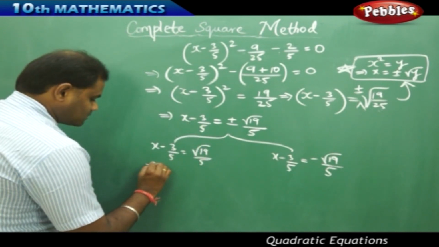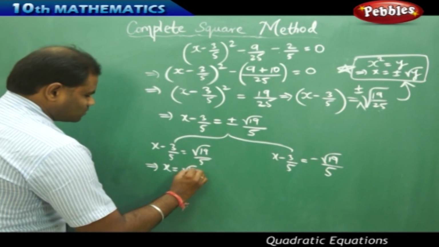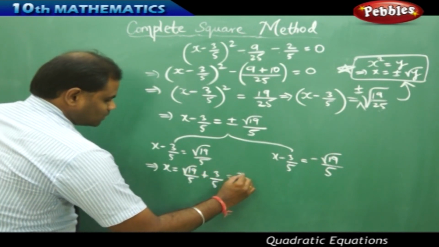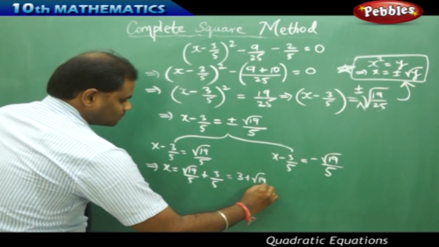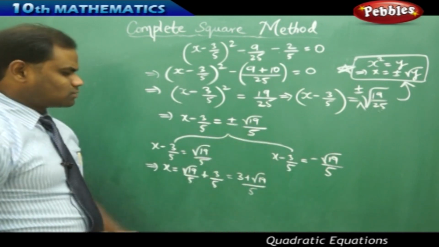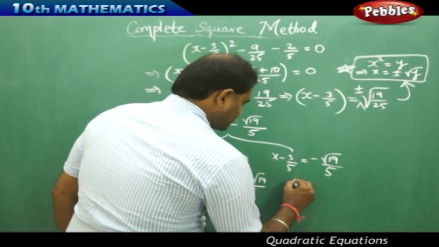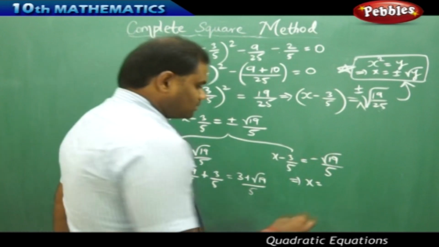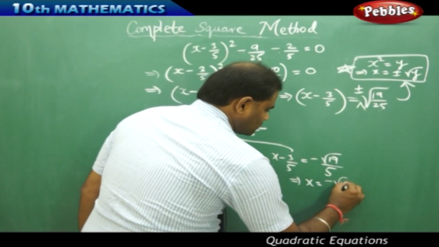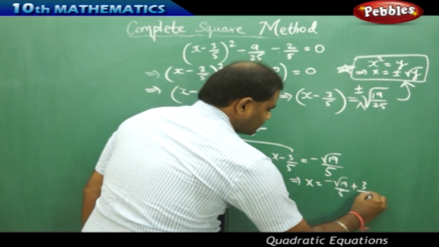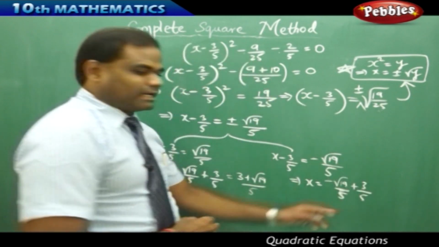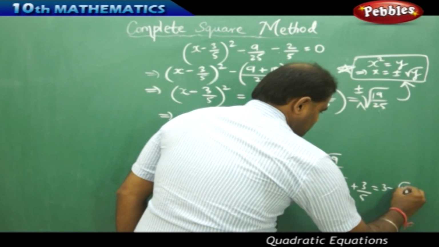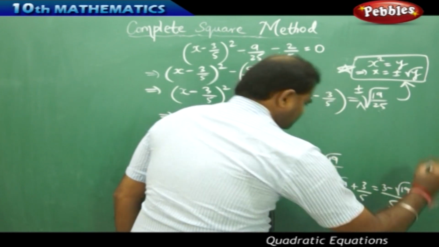Now in this case, x would be root 19 over 5 plus 3 by 5, which comes out to be 3 plus root 19 over 5 as one of the solutions. And then x equals minus root 19 over 5 plus 3 over 5, which on LCM gives me the final answer as 3 minus root 19 over 5.